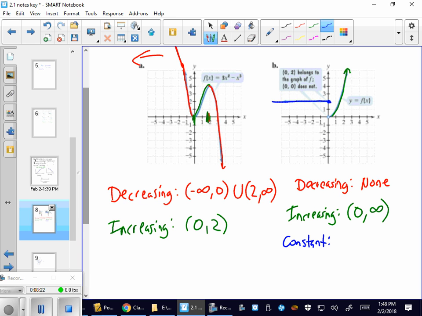So it means it's going to be constant from negative infinity all the way up to, and this time, including the 0, because it is still constant at 0. If it was increasing or decreasing and those two things met, then you would actually not put the solid bracket. But because it's constant, we can actually put the solid bracket there.